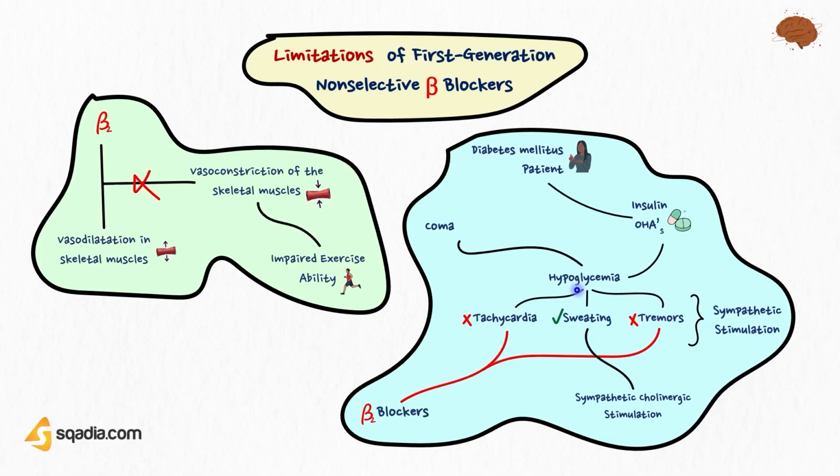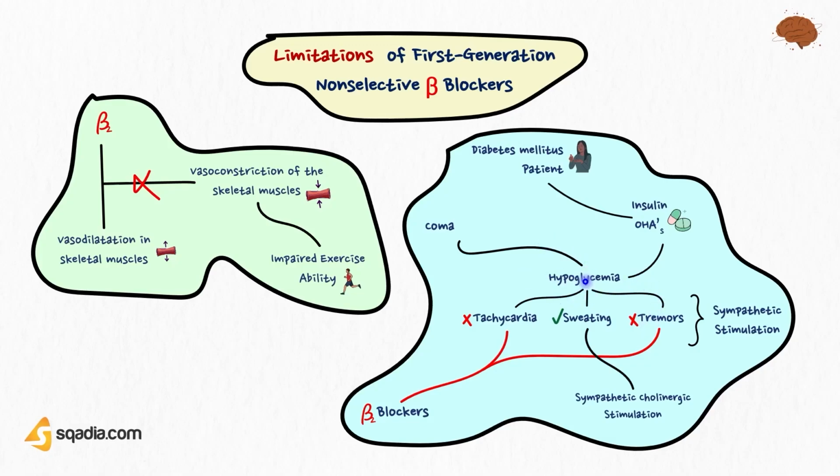If untreated, hypoglycemia can land up in coma. But the patient doesn't usually go into a coma. Why? Because the patient is exhibiting the symptoms of tachycardia, sweating, and tremors, and the doctors know, and they give the glucose. So tachycardia, sweating, and tremors diminish, and the patient is back to the normal state.